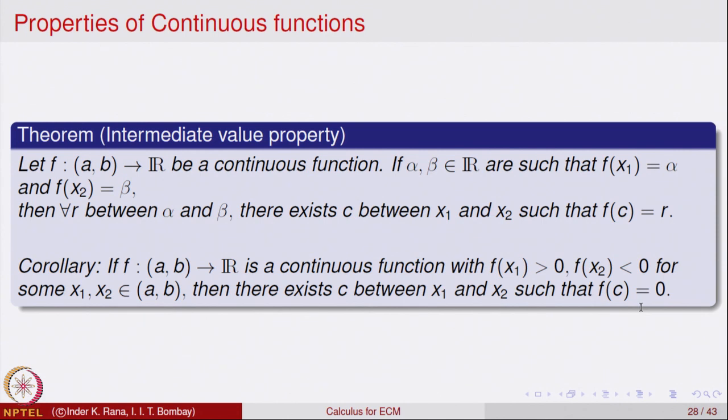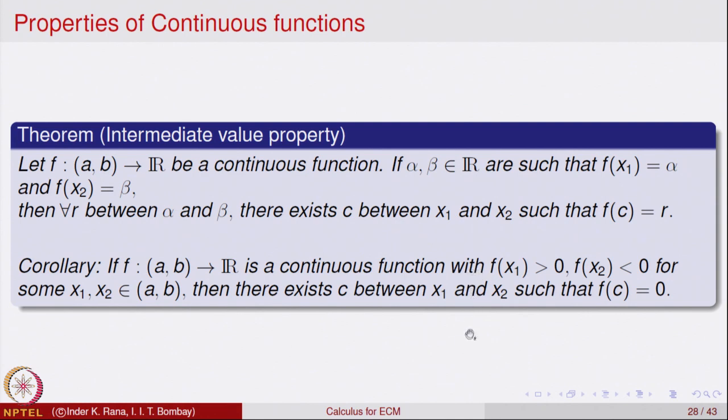That means, for a continuous function, if at some point the graph is above the x axis and at some other point the graph is below the x axis, then at some point in between it must cross the x axis. So, there must be a point c where the value is equal to 0.